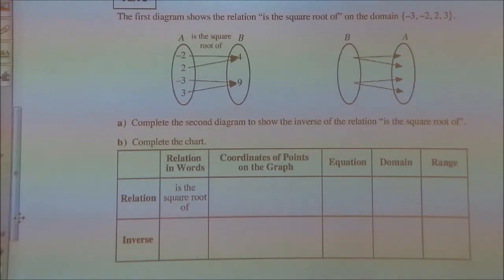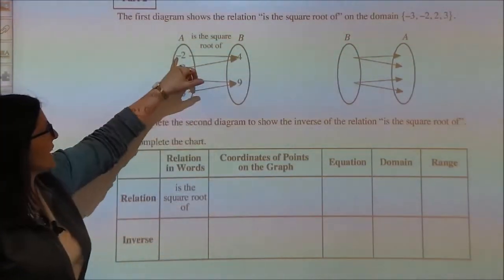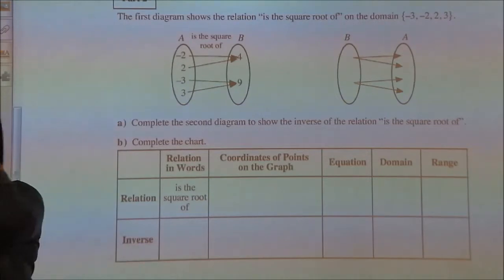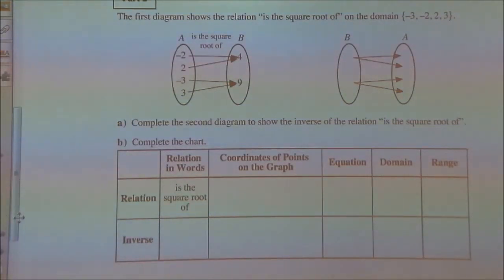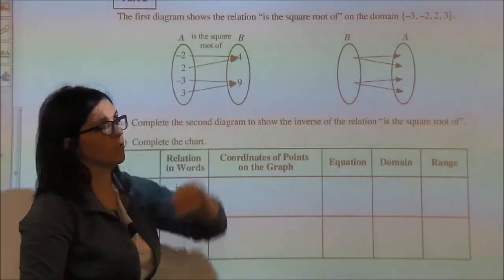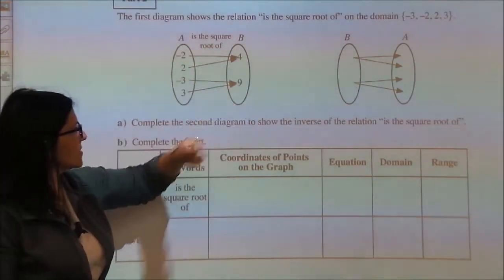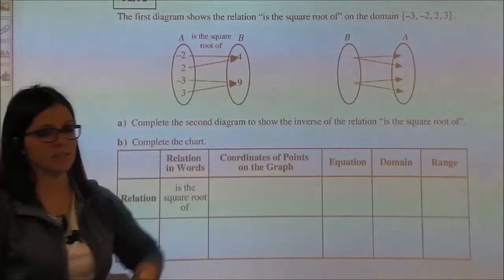Okay, so let's look at the next one. The first diagram shows the relation is the square root of. So what that means is negative 2 is the square root of 4, because negative 2 times negative 2 gives me 4. Positive 2 is the square root of 4, negative 3 is the square root of 9, and 3 is the square root of 9.